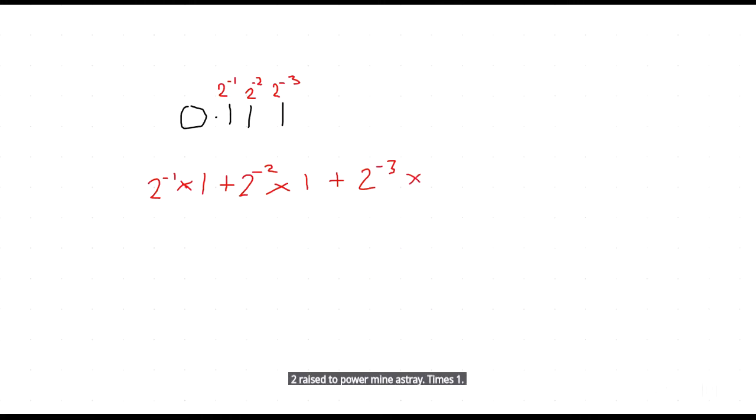Now in mathematics, let me just write something on the right side of your screen. Any number raised to a power like 3 raised to power minus 5 means 1 over 3 raised to power 5. 6 raised to power minus 10 means 1 over 6 raised to power 10.